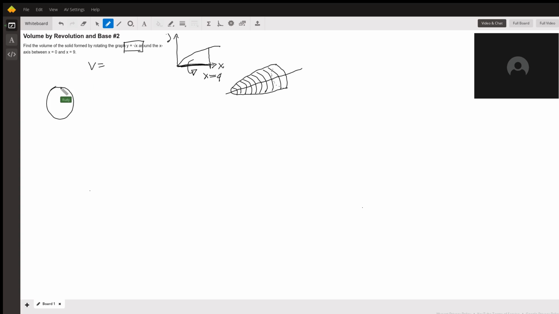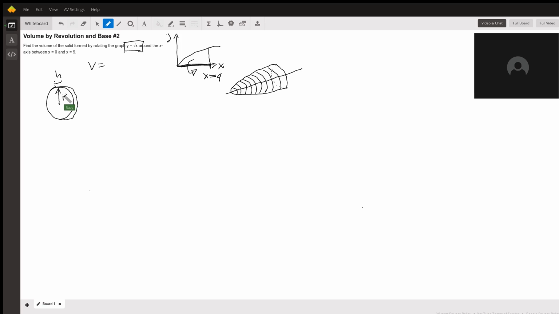So this is a cylinder, almost like a coin, right? And the thickness of the coin is the height of the cylinder. So that's the height, and we have some radius. Okay, that's the radius.